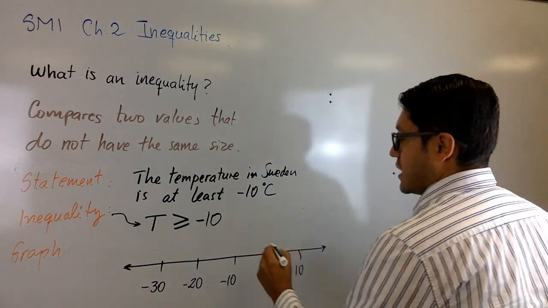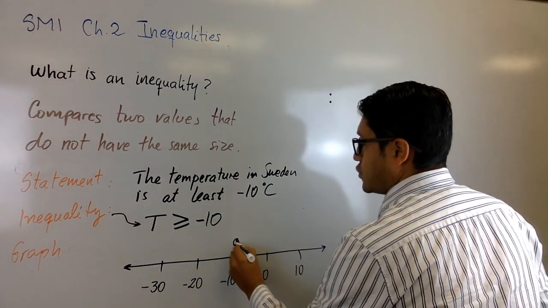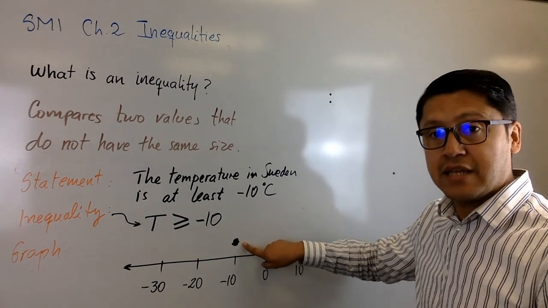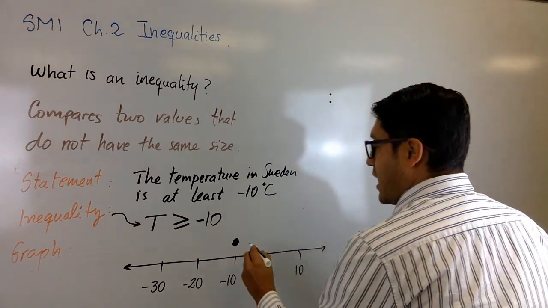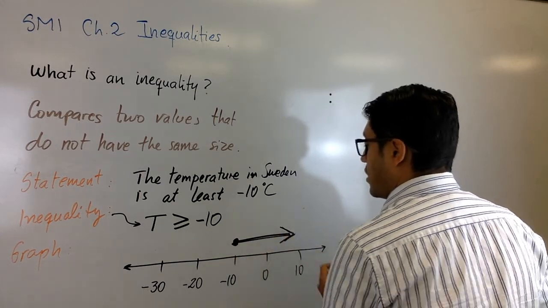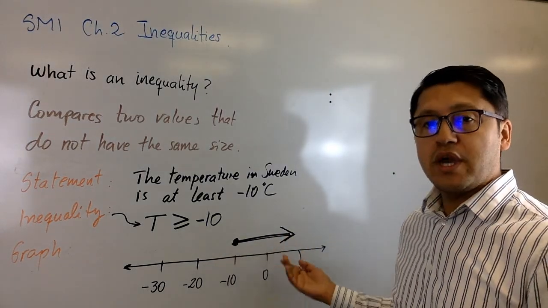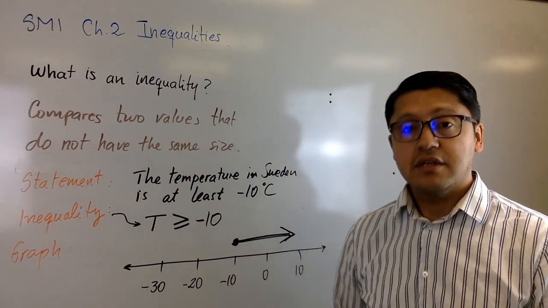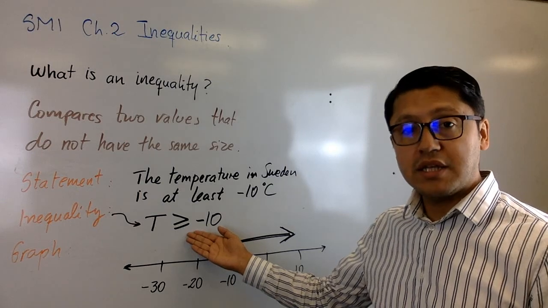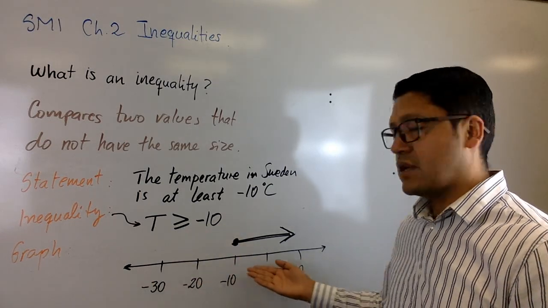So the solution to this inequality is that I can include negative 10 and any number to the right of it. So this is the way you graph this kind of statement that is also written as an inequality algebraically, and it can also be graphed.